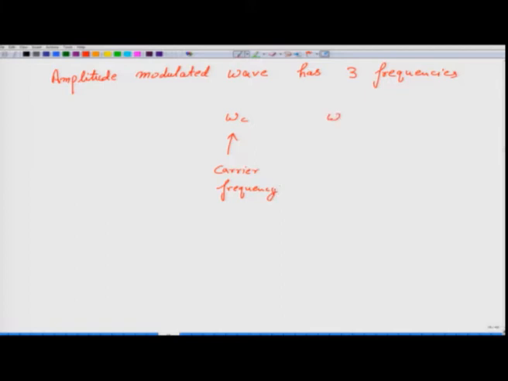And a slightly increased frequency by an amount of the modulating frequency omega m, and a slightly reduced frequency by the same amount of omega m. So, this was the lower sideband and this was the upper sideband.